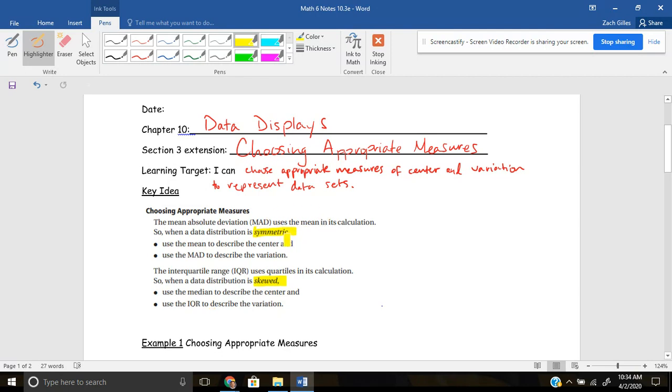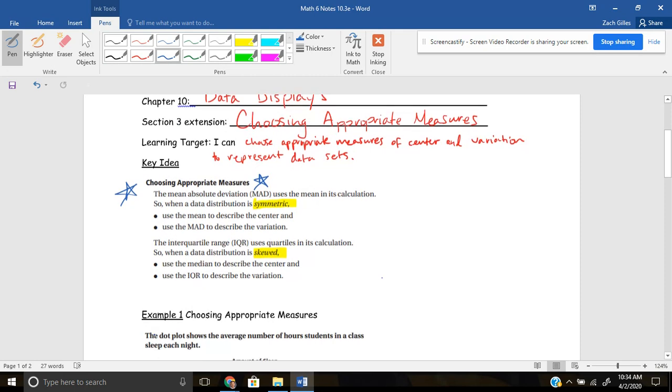So if we're dealing with symmetric data, we're going to use the average and the MAD. If we're dealing with skewed data, we're going to use the median and the interquartile range, right? This is really important and probably something you're going to want to star because you'll probably have to look back at it. I know that I do.